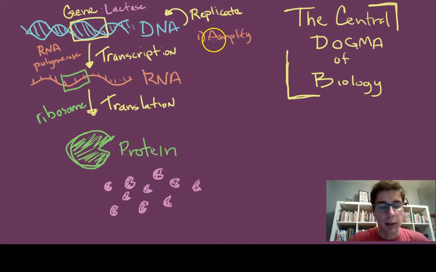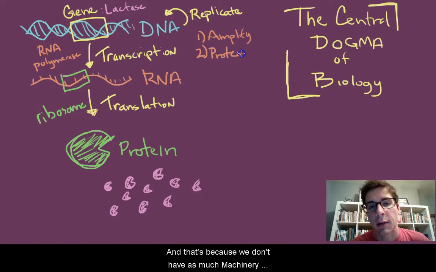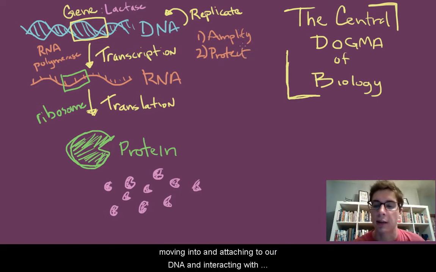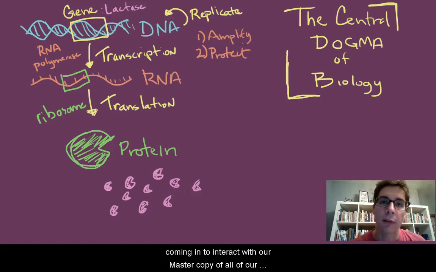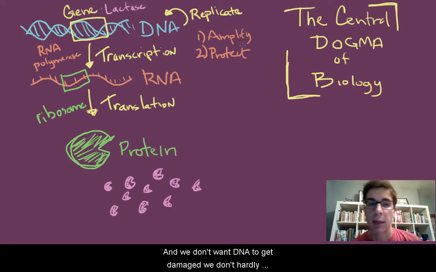The other part is that RNA helps us protect our DNA. And that's because we don't have as much machinery moving in and attaching to our DNA and interacting with our DNA. The less stuff we have coming in to interact with our master copy of all of our genes, the better it is for us, because we don't want that to get damaged.